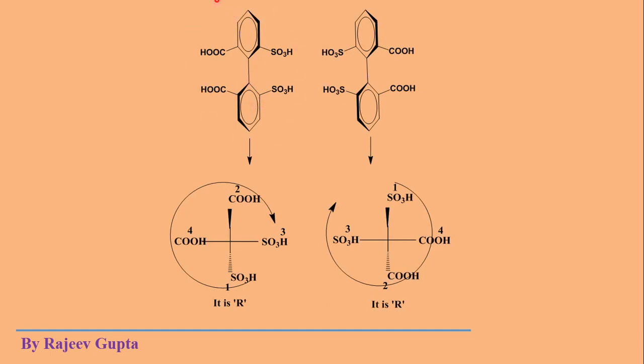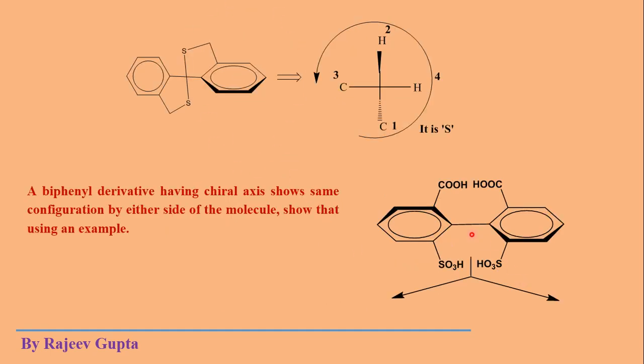In this first structure, we have rotated this molecule like this, in this direction. We move this portion downside, then both these carboxylic acids will be shown on the same side, and these on the same side opposite to this carboxylic acid, meaning the carboxylic acids will be shown at the left-hand side and this will be at the right-hand side.